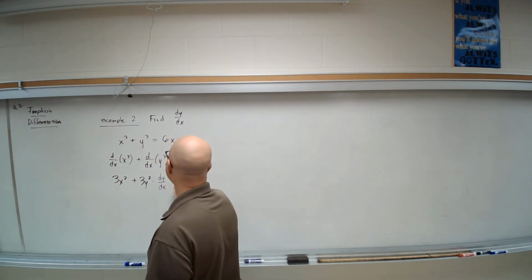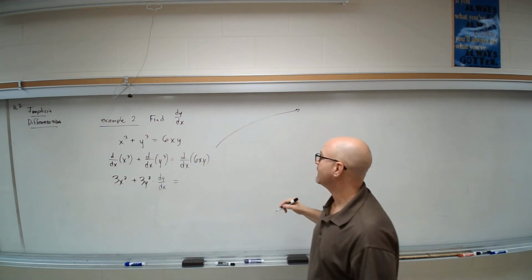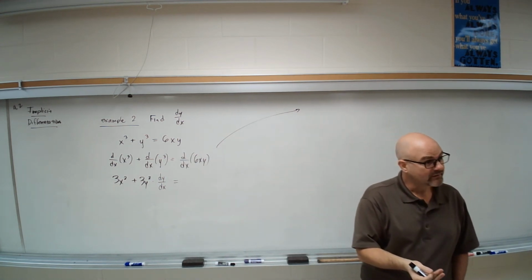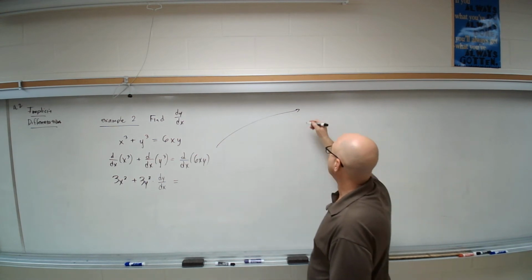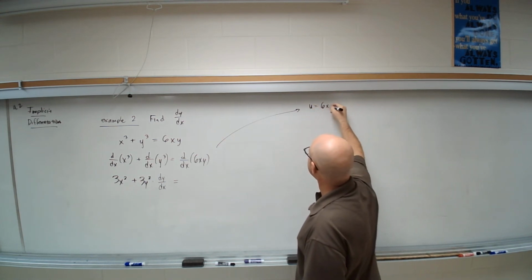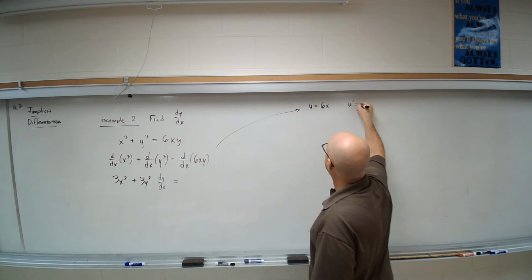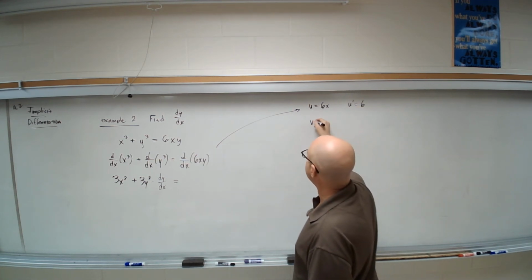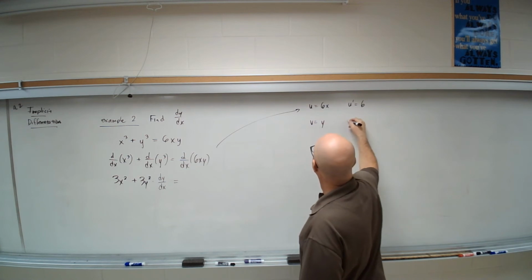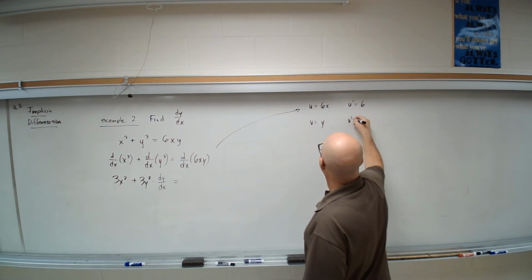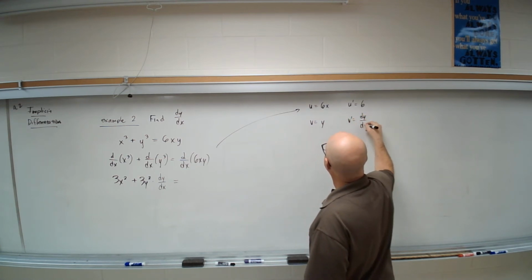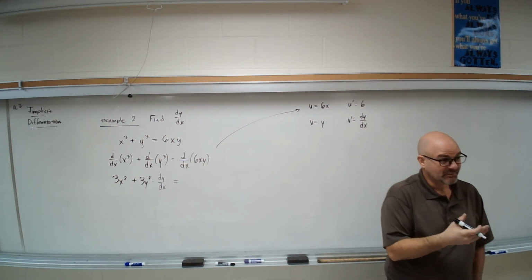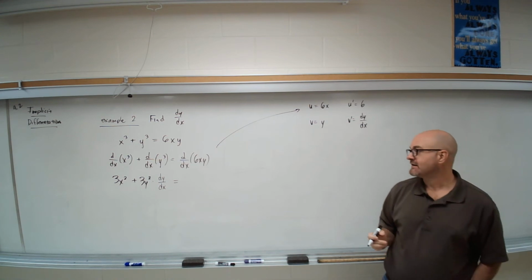On this right-hand side, we'll go out to the side here. I said we were going to use the product rule for this. So u is 6x, u prime is 6, v is y, and then v prime is going to be dy over dx, because we're using this differential notation since we need it later in this problem.